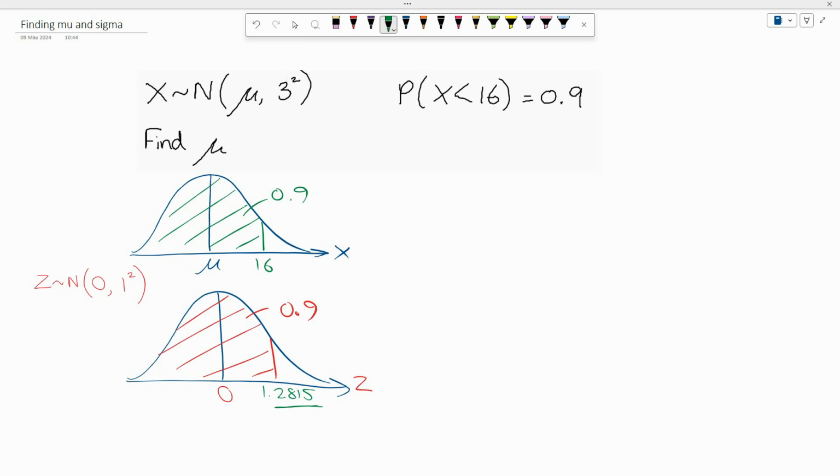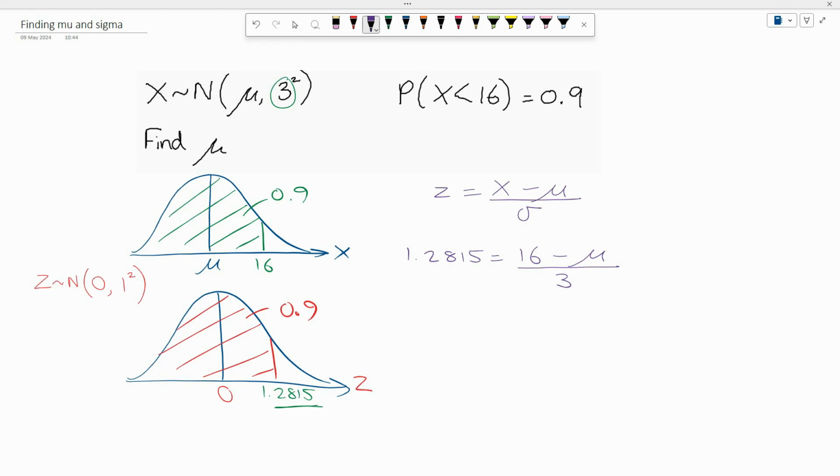So we know one standard deviation is 3, so this 16 is a bit more than 3 standard deviations above the mean. So we're expecting a number around about 12. Now, how do we use this? There's a coding formula you need to know, which is this. The z-score, which we have down here, 1.2815, is equal to the score on your original distribution, which is 16, take away the mean, we don't know that, but we do know the standard deviation.